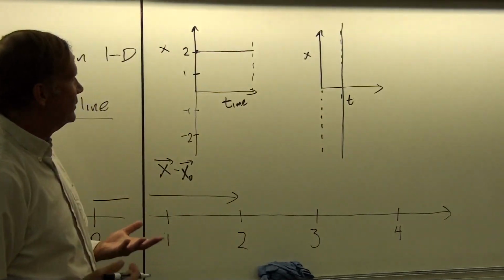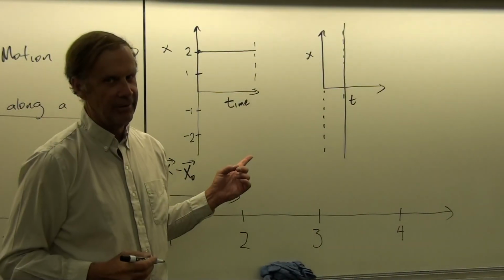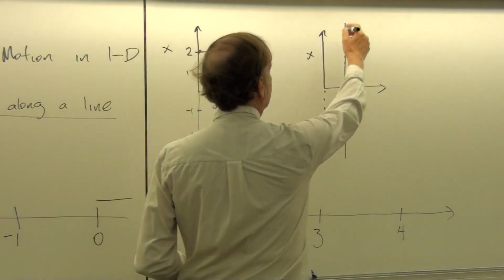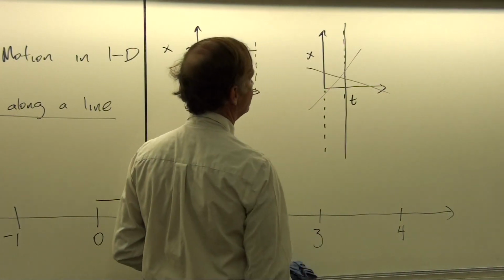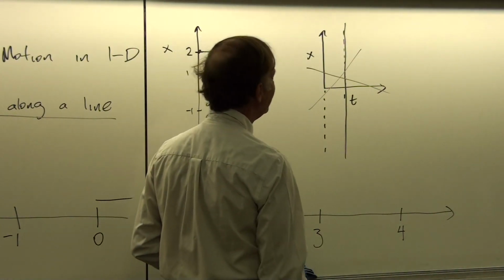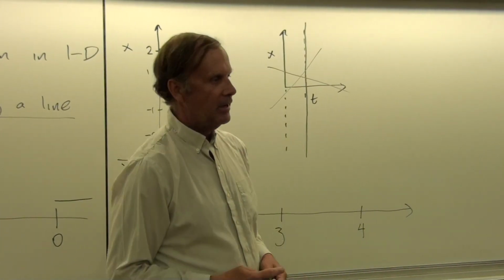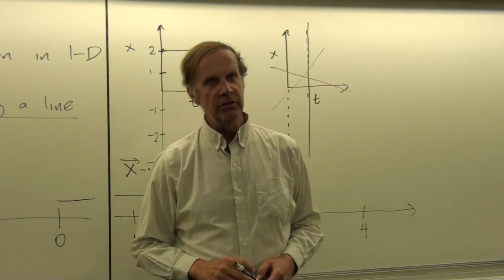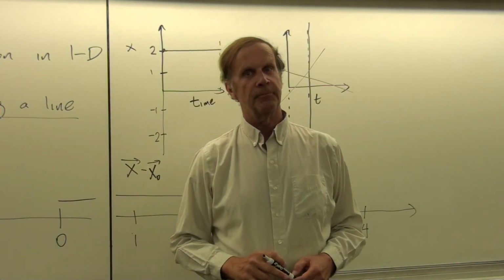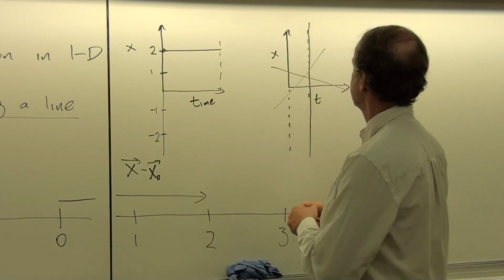So I'd have to have some kind of amazing powers to be able to pull that one off. And so this corresponds then to a slope of infinity. Okay? And so that would be the only way you could be everywhere at once, is if you were moving infinitely fast. But Einstein tells us that the fastest that anything can move is the speed of light. That's our speed limit. Okay? And so this is not possible.